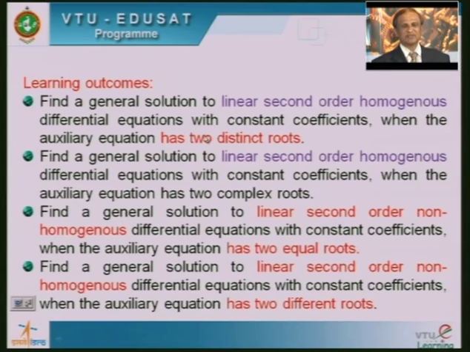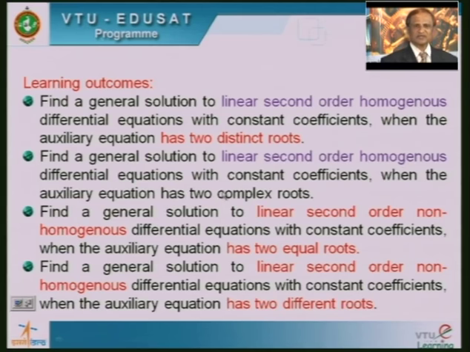Roots may be real and different, roots may be distinct. Depending upon the nature of the roots, we are able to write down the general solution. Now, in exactly the similar way, find a general solution to a linear second order homogeneous differential equation with constant coefficients when the auxiliary equation has two complex roots.